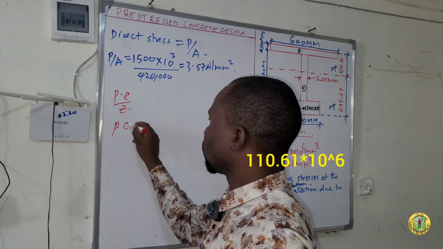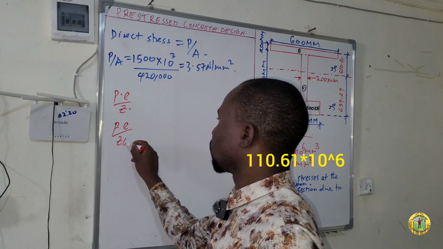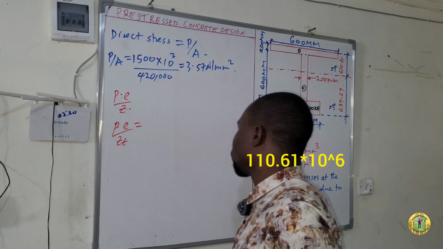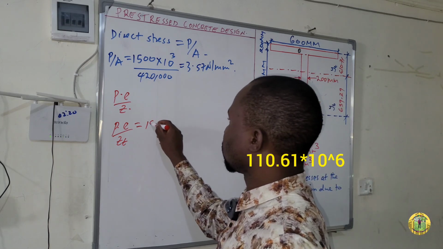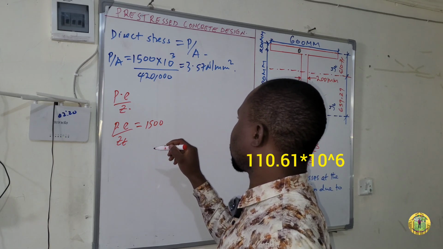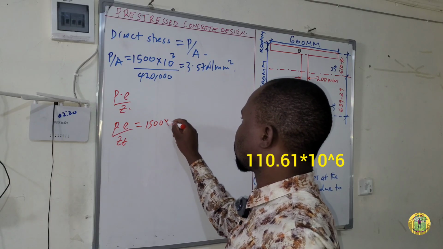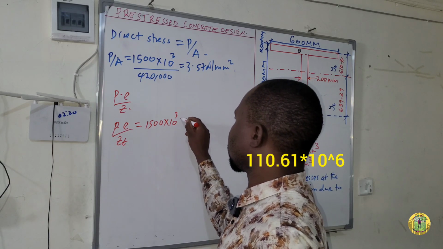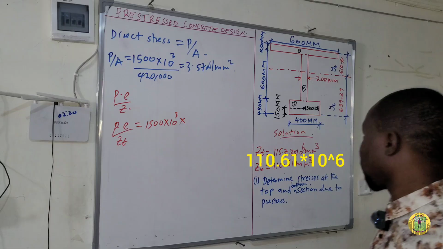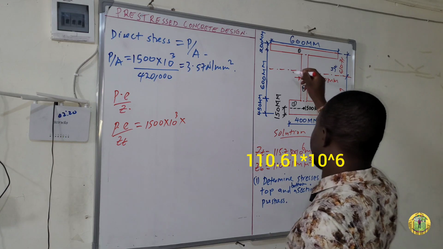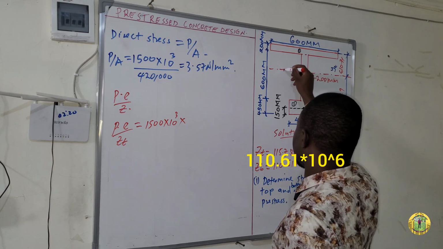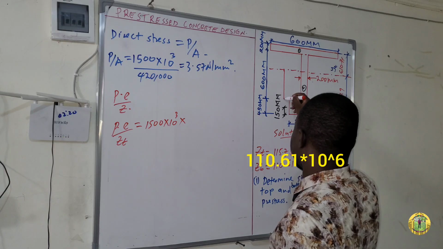So PE over Z top is equal to, our P here is 1500 times 10 to the power of 3, then times eccentricity. Eccentricity is the distance away from the center of the section, and our center here is this neutral axis.